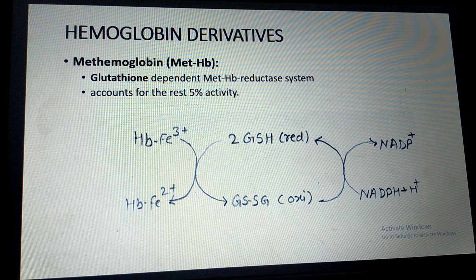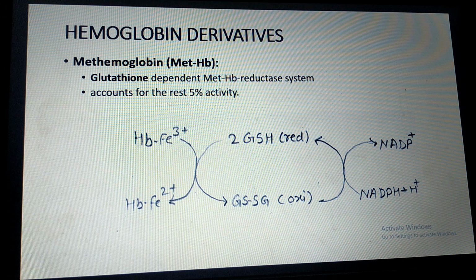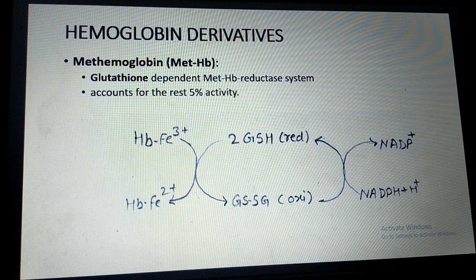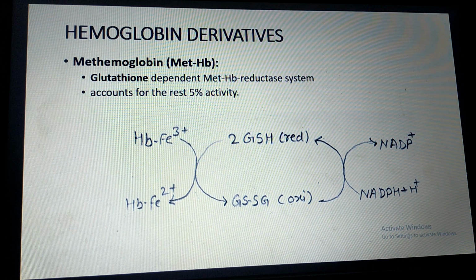Due to this, glutathione is oxidized, and this oxidized glutathione is further reduced back by the coenzyme NADPH. So in this way methemoglobin is converted to normal hemoglobin in normal persons.